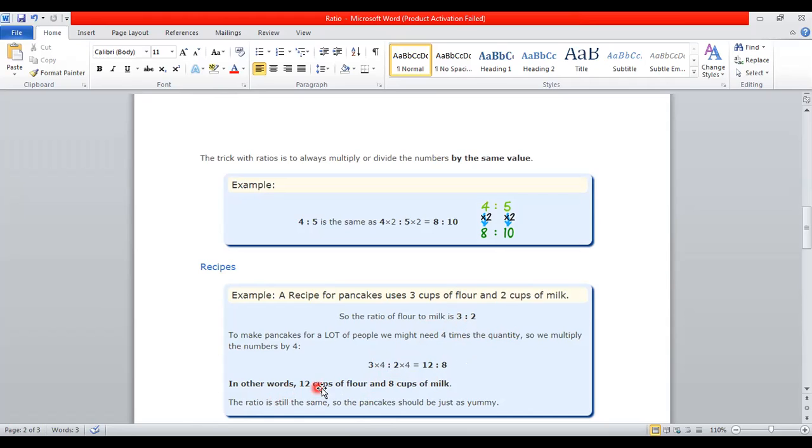In other words, 12 cups of flour and 8 cups of milk are needed to make pancakes for a lot of people. The ratio is still the same, so the pancakes should be just as yummy.